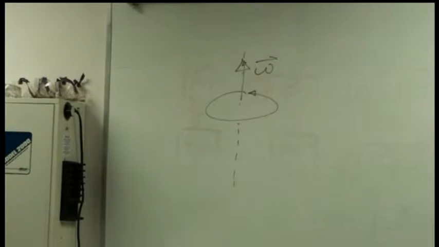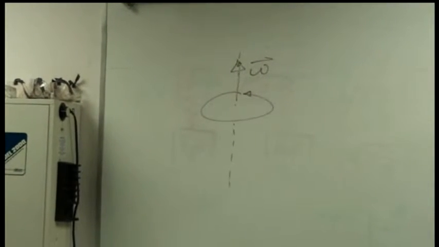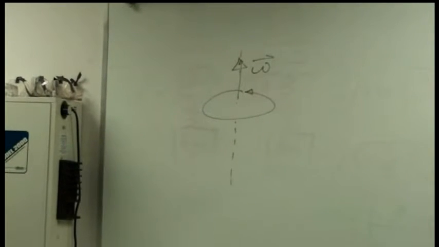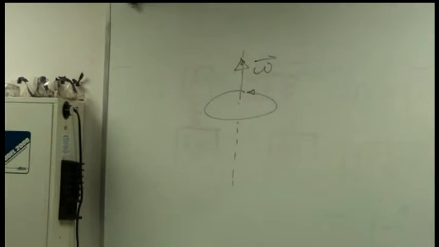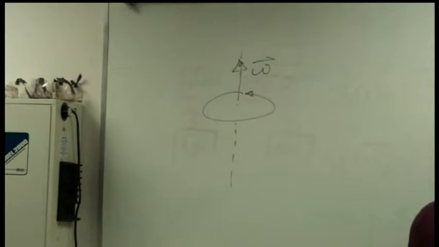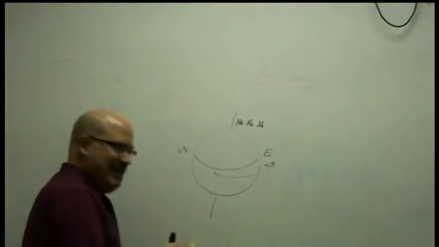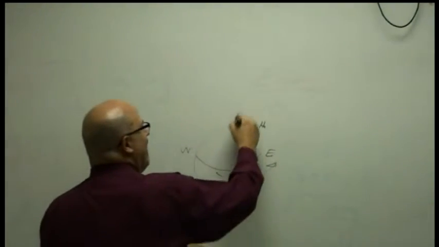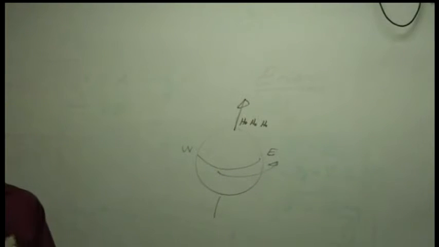All right, so which way is the angular velocity for Santa? Here's east, here's west. Here's Santa. Ho, ho, ho. We rotate east, so you rotate this way. So the angular velocity vector for Santa is upward.